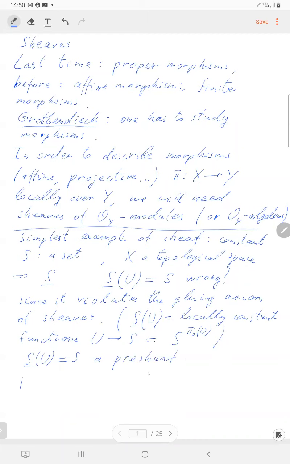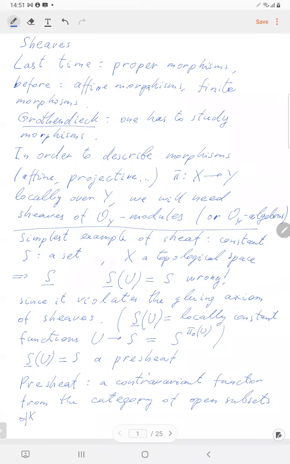So in general, a presheaf is, in some scientific language, a contravariant functor from the category of open subsets of X, with morphisms just open inclusions, to the category of sets, or abelian groups, or whatever you prefer.